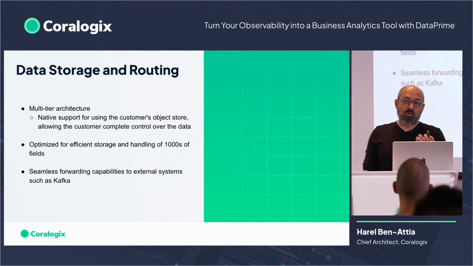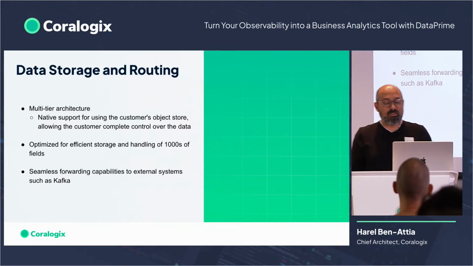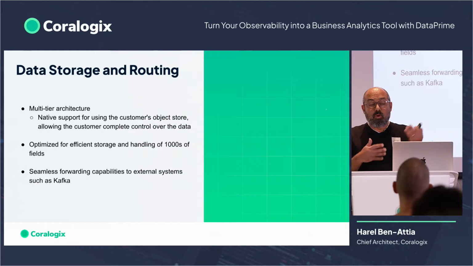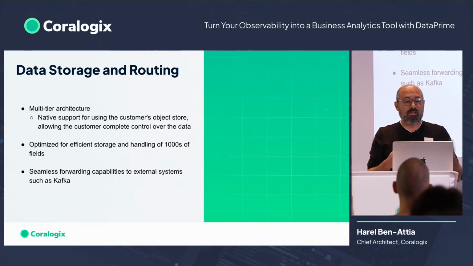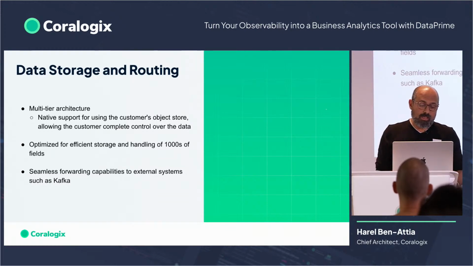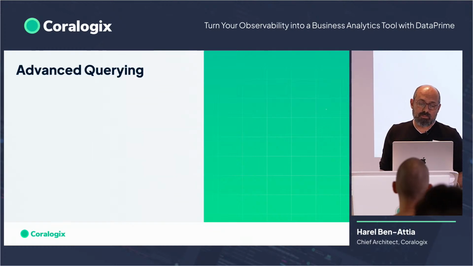And we also have in the engine seamless forwarding capabilities to external systems such as Kafka, because one of the important things about analytics is that you never want it to be a sink. You want to do something with it and then continue processing it or push it to some other systems.